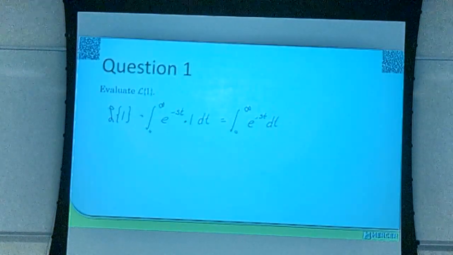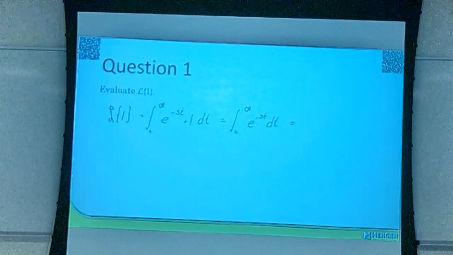What is the antiderivative of e to the negative st with respect to t?